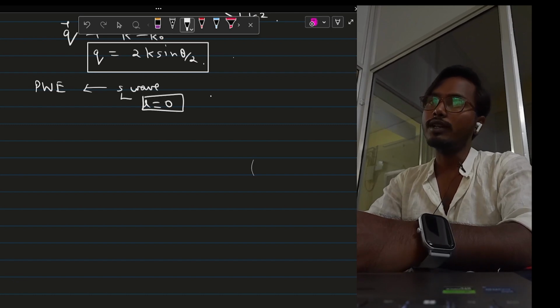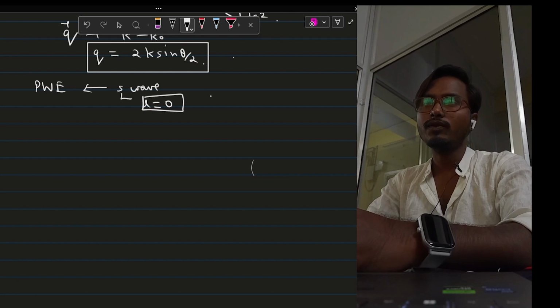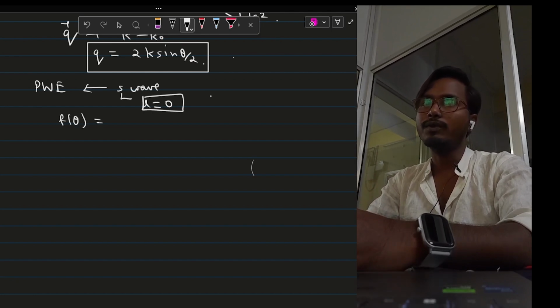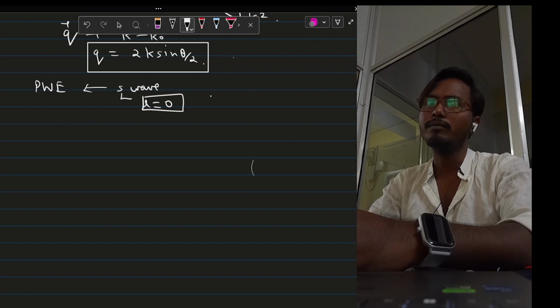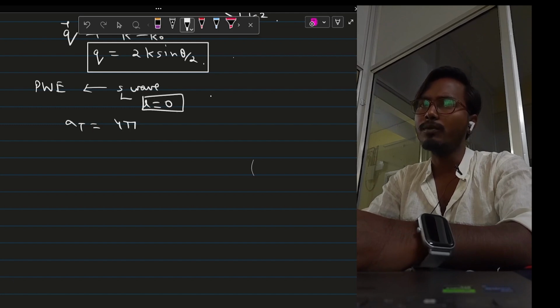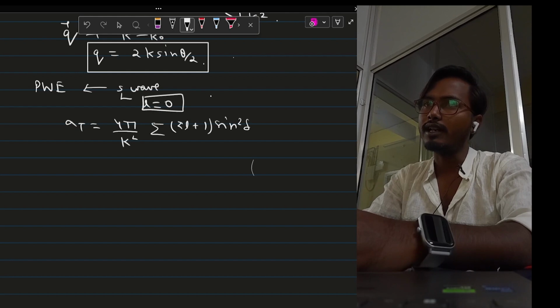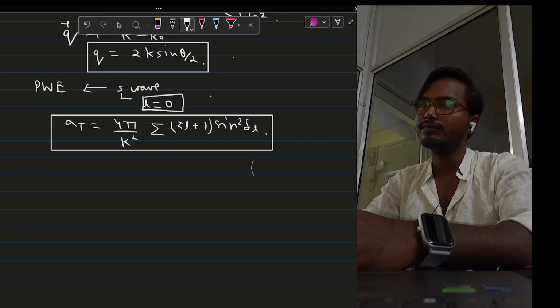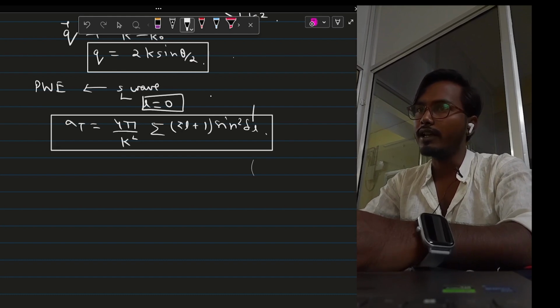In these types of problems, the questions are mostly asked about the total scattering cross section. So the value of the total scattering cross section will be 4 pi upon k square, sum over 2l plus 1, sine square delta L. This is the formula you need to remember. What is delta L here? This is called the phase shift.